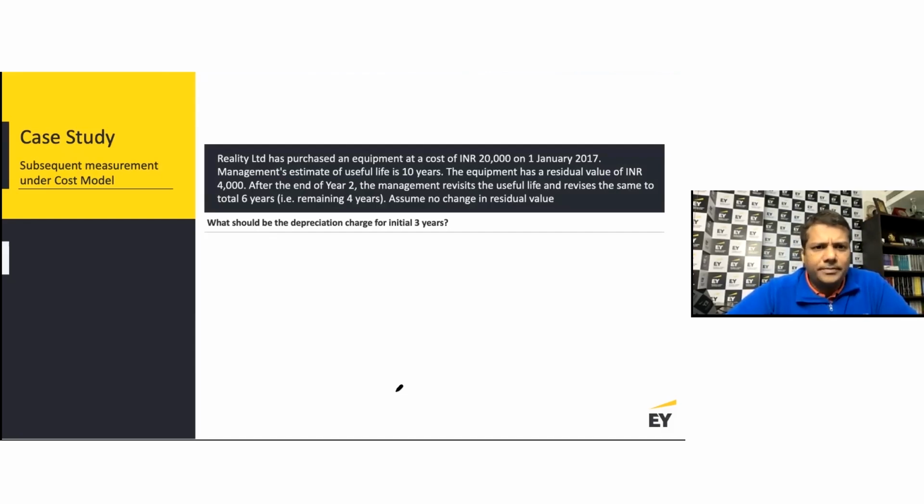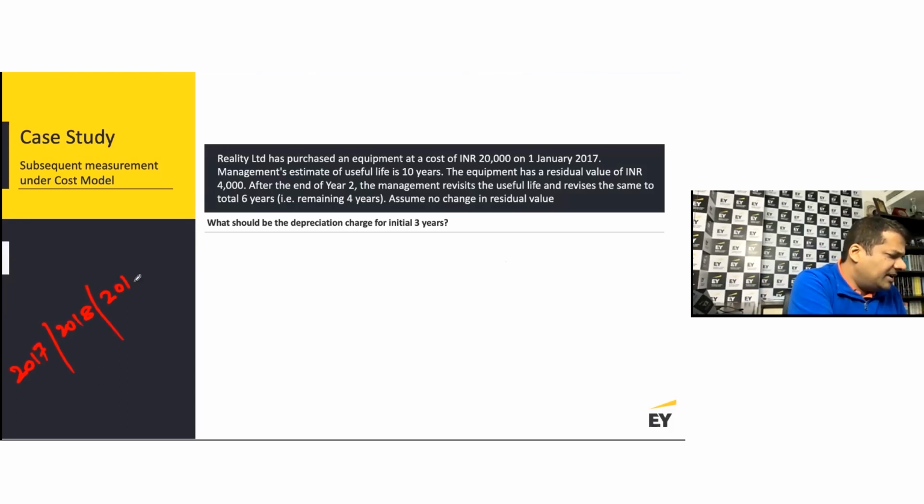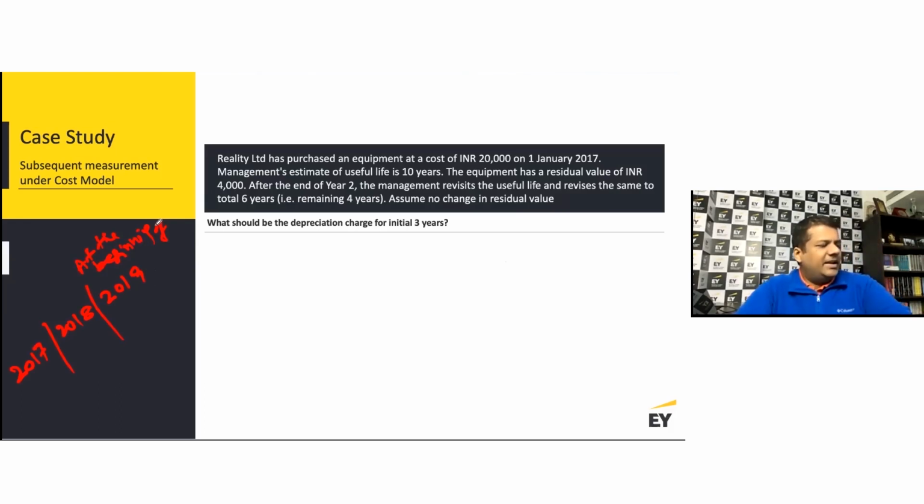Okay. So I have to do accounting here for 2017, 2018, and 2019, and this change happened at the beginning of 2019.